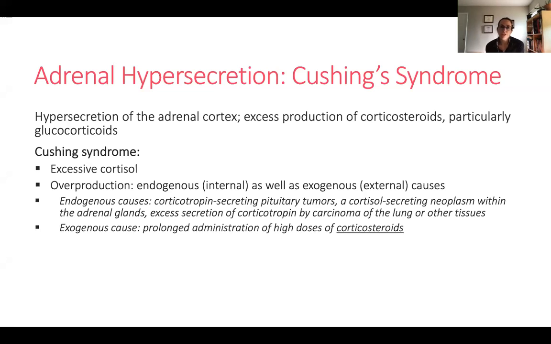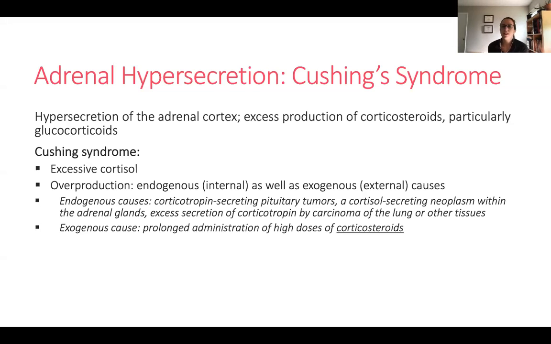So the overproduction can either be internal or external. So internal is endogenous and external is exogenous. As far as endogenous causes, it could be because of tumors. It could be because of a cortisol secreting neoplasm within the adrenal glands, or if there's carcinoma of the lungs or other tissue, then it causes excess secretion of corticotropin.